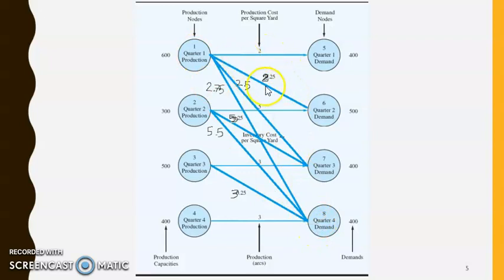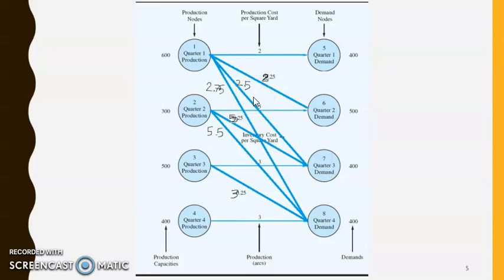One point that you have noticed here is this 2.25. Why? If you want to manufacture in quarter one and send it to the next quarter, per unit you need to pay $2.25, because $2 for production in quarter one and 25 cents for storing. When you are manufacturing in quarter one to be used in quarter three, you need to pay 2.5 because you have 2 quarters of storing.